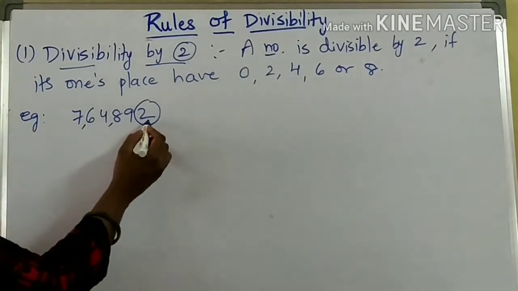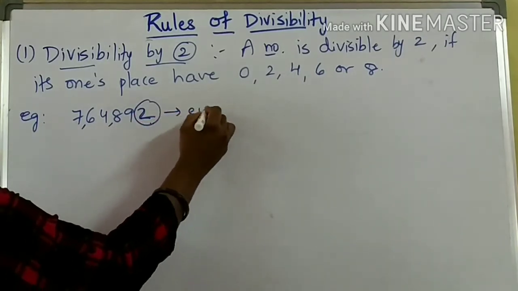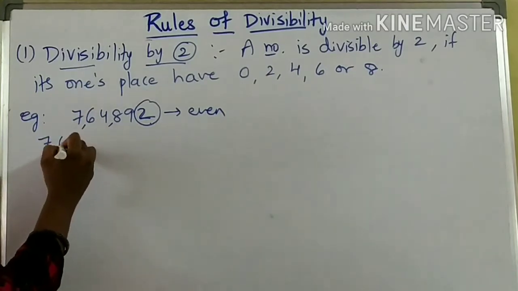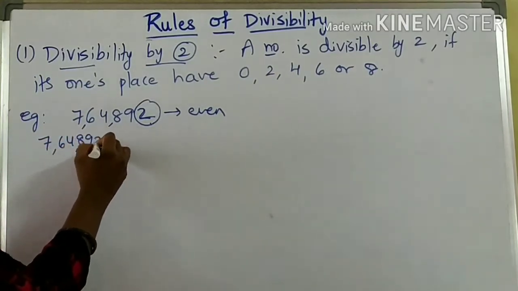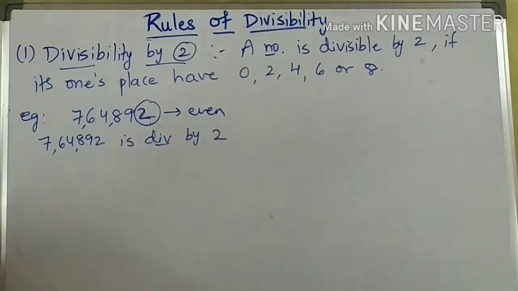So what is the units digit here? 2. Is this even or not? Yes, an even number. So I can say blindly that 7,64,892 is divisible by 2 because the ones digit is even.